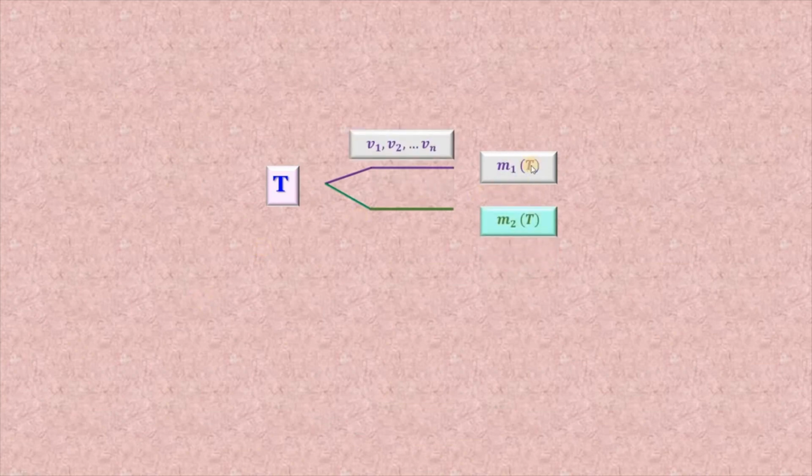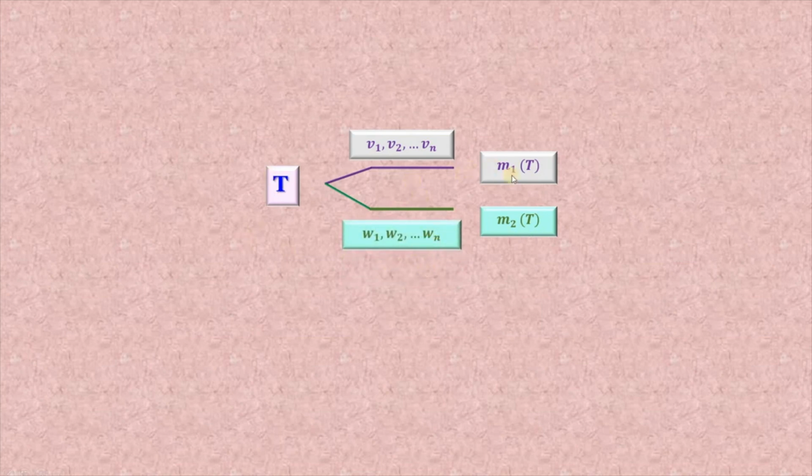Now we just have in a picture what we had in the previous theorem. Suppose we are given a transformation T, and in the basis V1 etc. Vn we have the matrix of T, which we have named M1 of T, and M2 of T is the matrix of the transformation in the basis W1 etc. Wn.